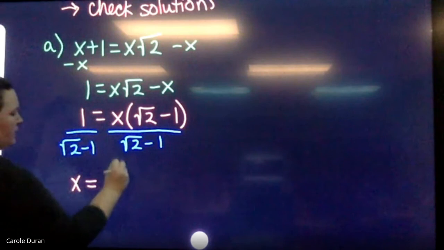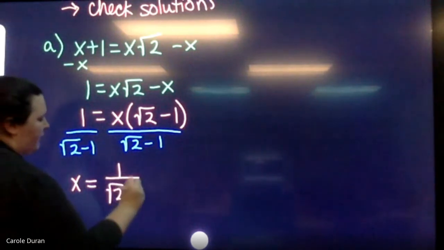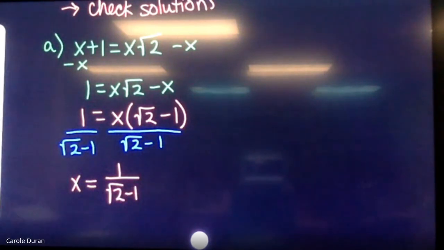I have x equals 1 over the square root of 2 minus 1. We know from previous lessons that we can't leave a square root in our denominator. So this is where step 4 comes in, where it says to rationalize my denominator. So my goal is to get rid of that square root.